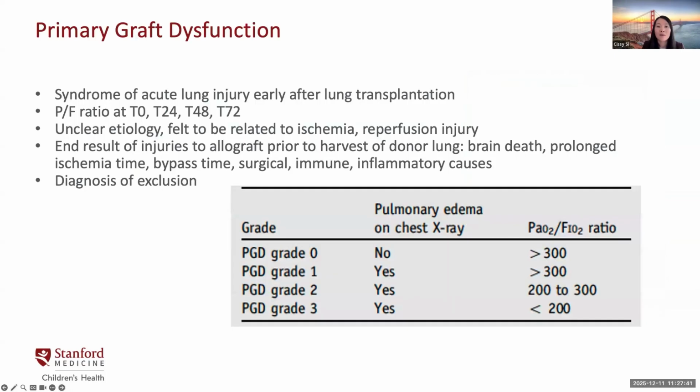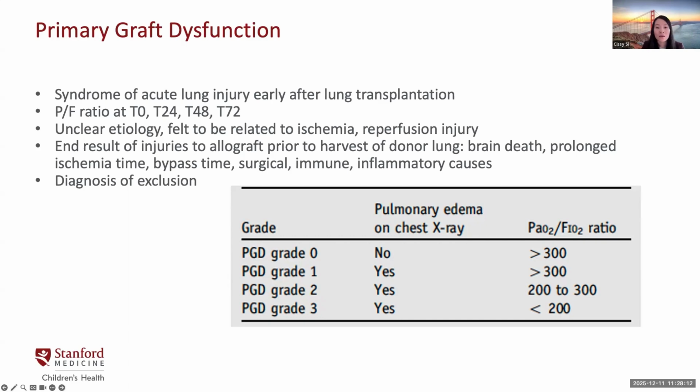So what is that? This is a syndrome of acute lung injury early after transplant, and it is diagnosed in the first 72 hours after transplantation. We really don't know why this occurs, but it is felt to be related to an ischemia reperfusion injury and is diagnosed based on that P to F ratio. So what is their PaO2 compared to their FiO2 needs?